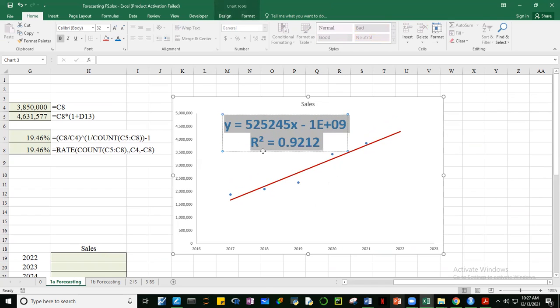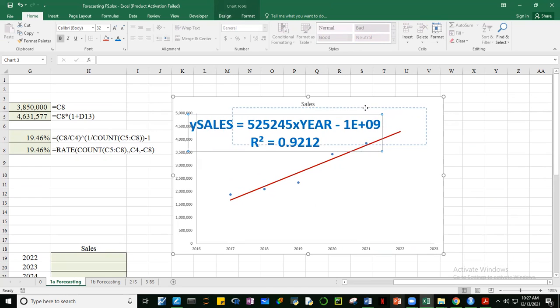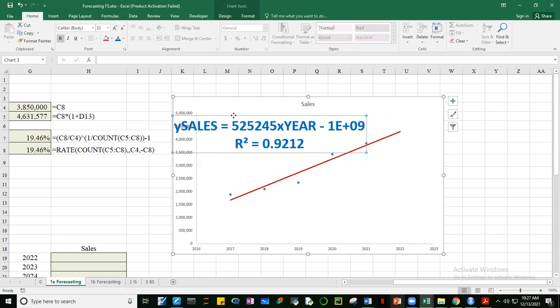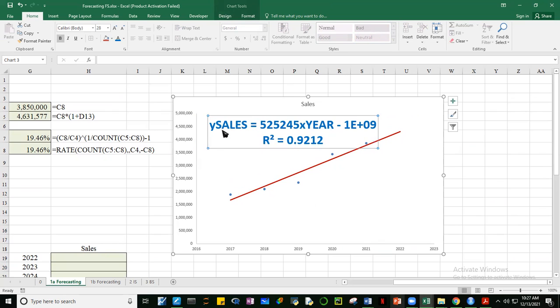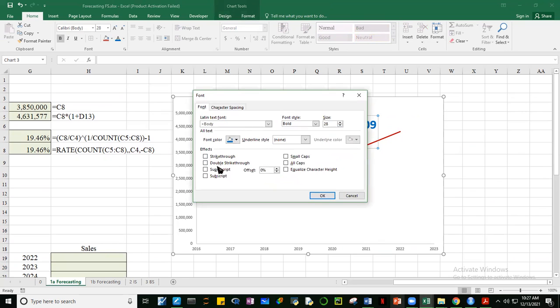So let me just baguhin ko lang to, no? Okay. So this is actually Y sales is equal to X, which is your year. Okay, and then let me control 1.